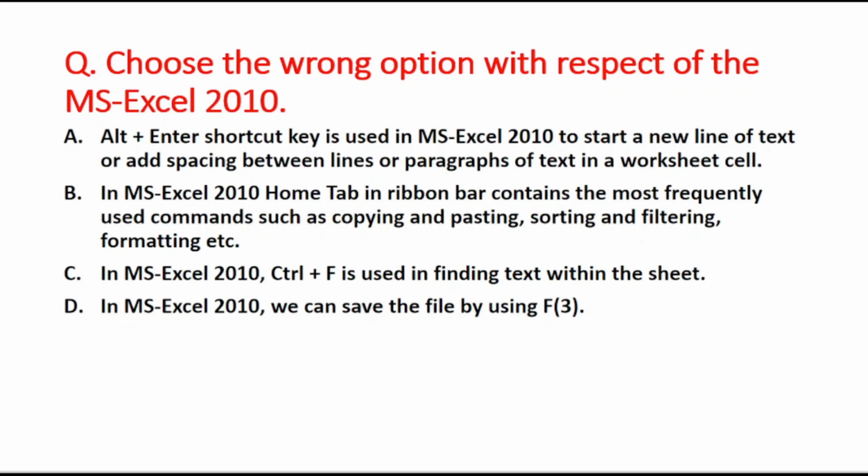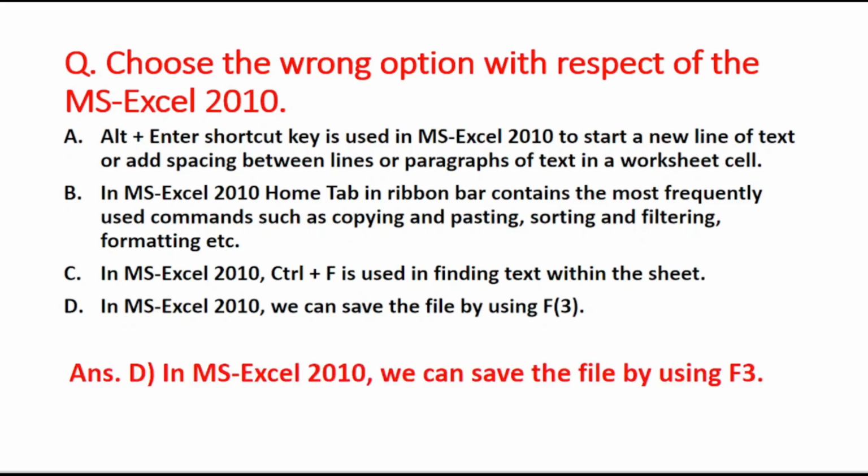And D option is, in MS Excel 2010, we can save the file by using the function key F3. So the incorrect option is option D. Okay, so that is, in MS Excel we can save the file by using the F3 function key. The remaining three you can see, they are important ones, so you should know all of them.